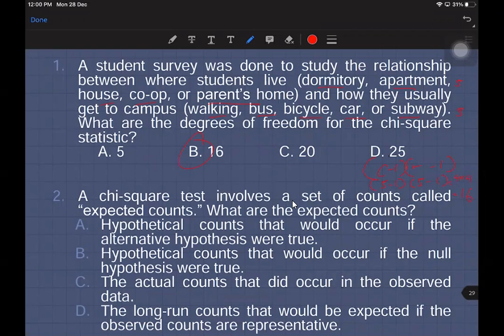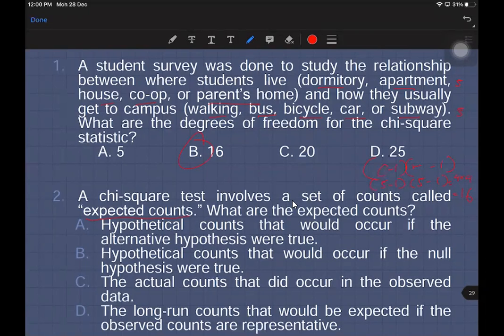Number 2. The chi-square test involves a set of counts called expected counts, or what we call expected frequency. What are expected counts? Remember, expected counts favor the null hypothesis, meaning it is the proportion we look at, what the frequency should be if we do not reject the null hypothesis.